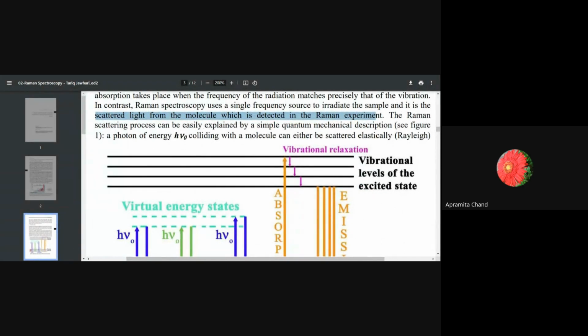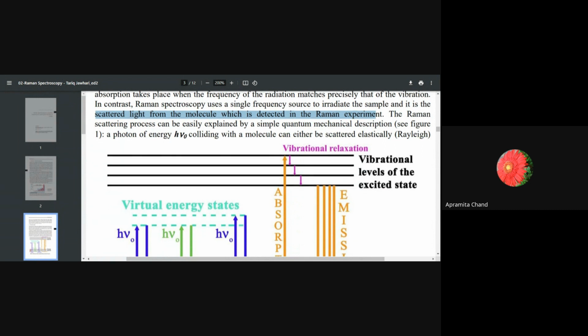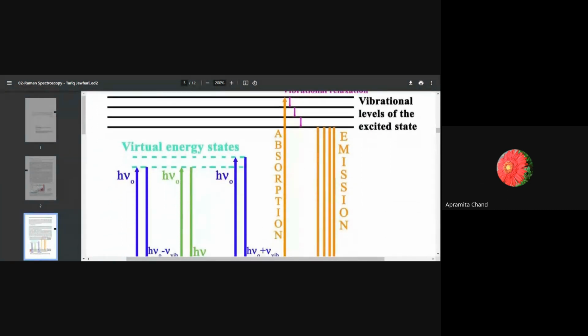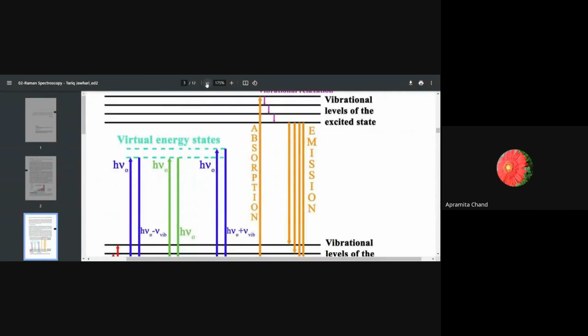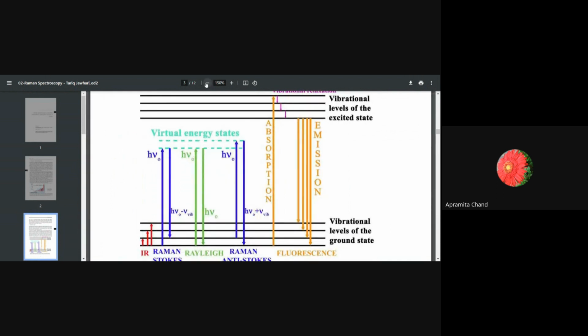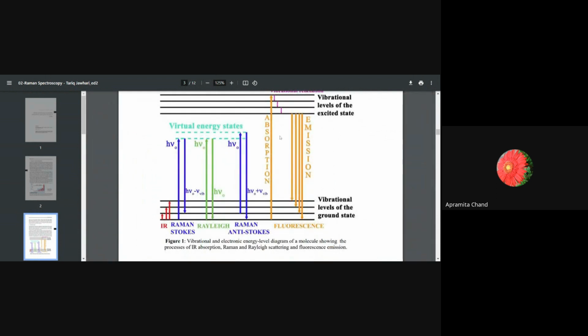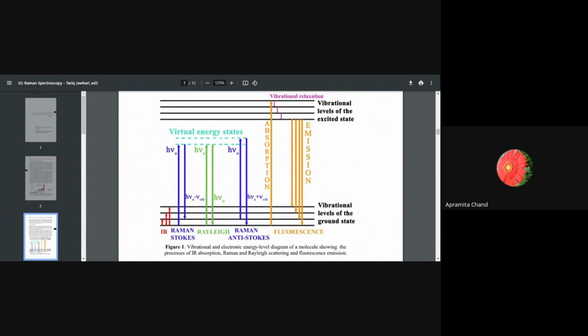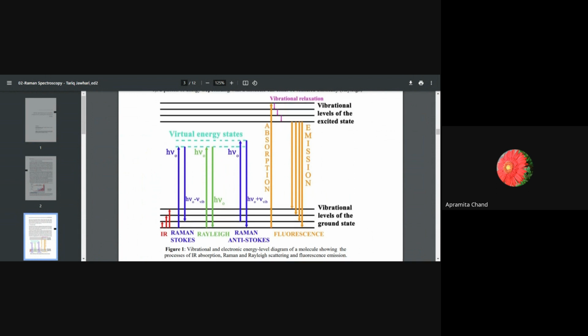Suppose you have a photon of energy h nu 0 colliding with a molecule, and it can be scattered elastically or inelastically. So you can see the diagram here. It shows the vibration and electronic energy level diagram of a molecule, showing the processes of IR absorption, Raman, and Rayleigh scattering, as well as fluorescence emission.